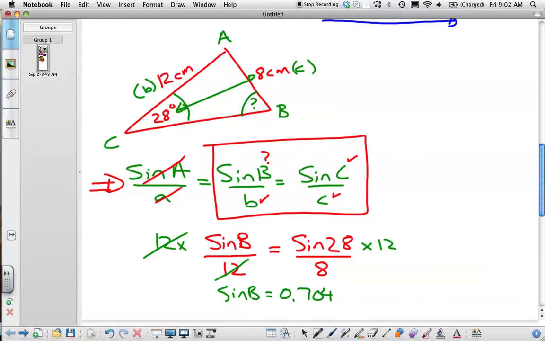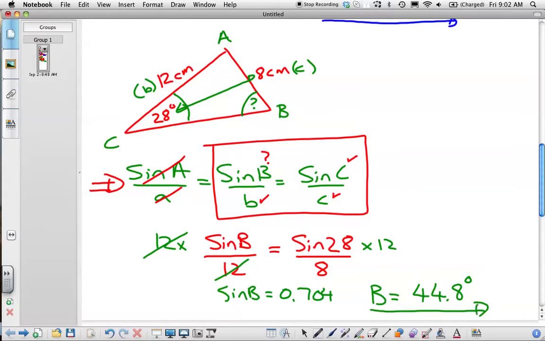To find B, you push second, the blue button, second sine, which gives you the sine to the -1, and then second answer, which is the minus sign at the bottom part of the calculator. Close brackets, enter, and you'll get about 44.76. So I'm going to say 44.8 degrees will be your answer for B.